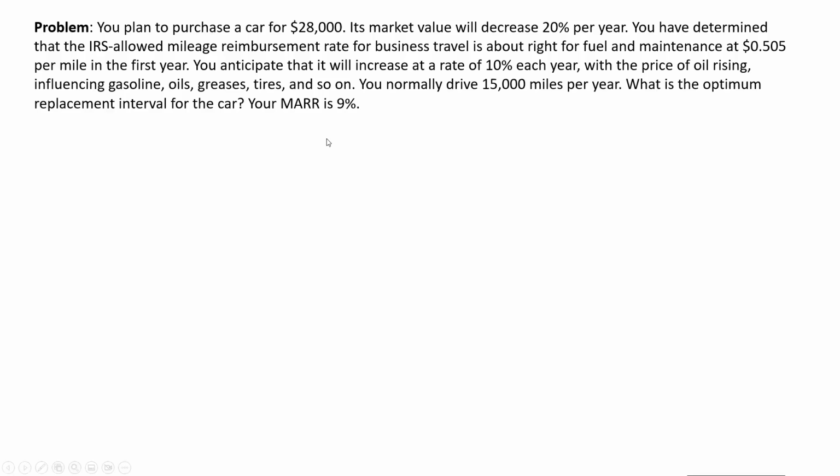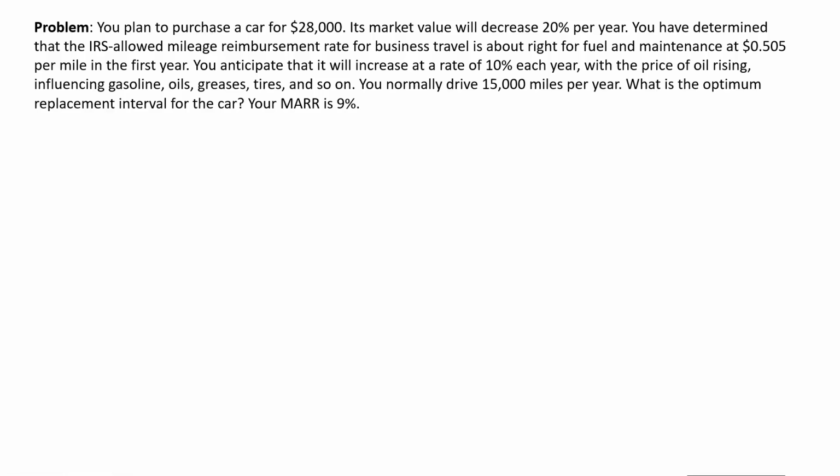You anticipate that it will increase at a rate of 10% each year. So maintenance costs will go up by 10% each year, with the price of oil rising, influencing gasoline, oils, greases, tires, and so on, right? You normally drive 15,000 miles per year. What is the optimum replacement interval for the car? Your minimum attractive rate of return is 9%.